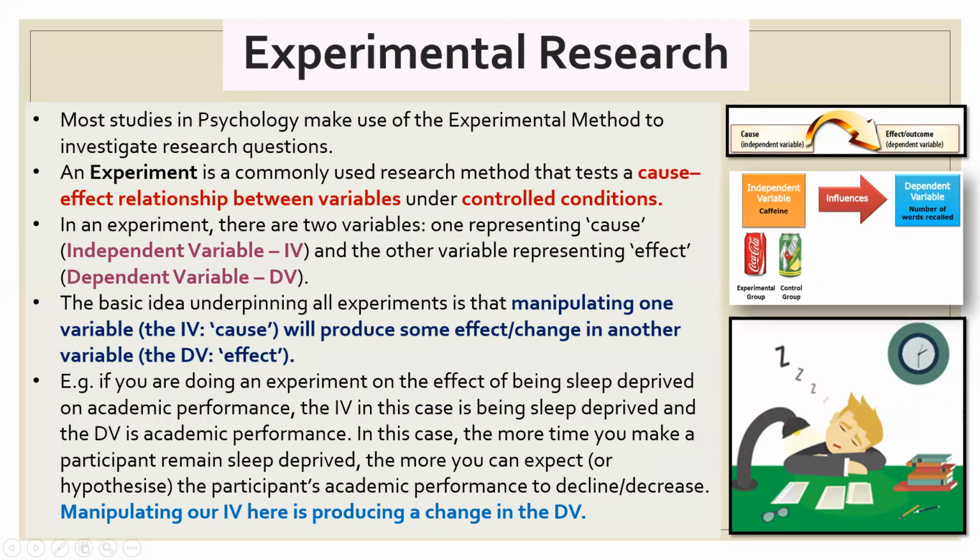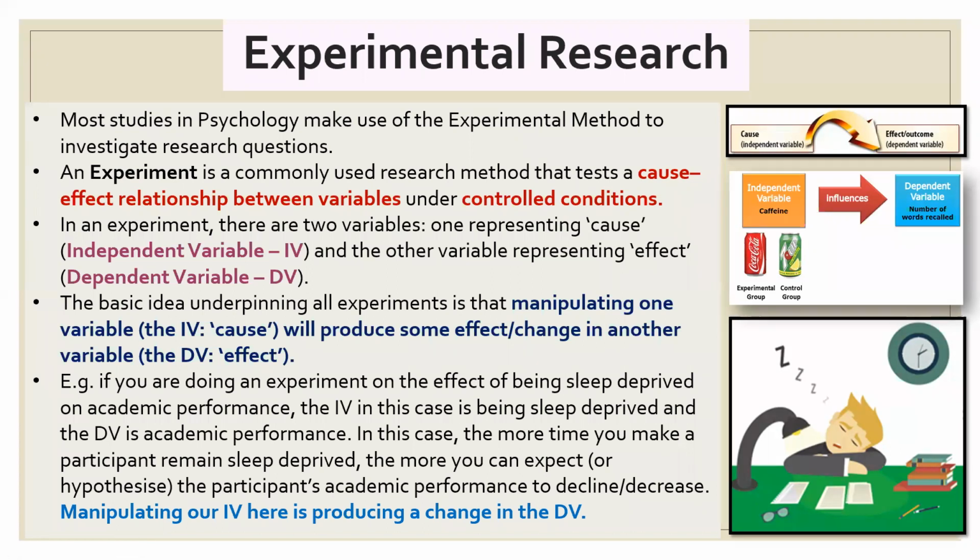They might run it in a classroom, somewhere where the conditions can be controlled and where there's not much potential for the experiment to go haywire, basically. Now, the basic idea, like I said before, underpinning all experiments is that when I manipulate or make a change or try to modify the IV, that will always cause some change in the DV, okay?